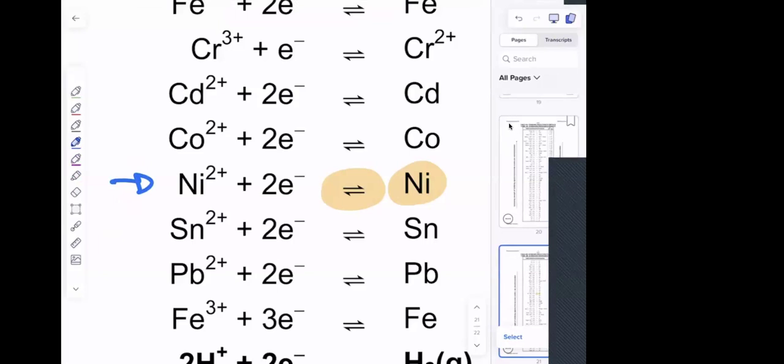Okay, so if we hit equilibrium, in this case, initially when the cell is running, our reverse reaction, which we do in red, is the one that's going to have the highest rate. That's why we see nickel getting oxidized to become nickel ions and 2 electrons. Remember that our forward reaction is still happening, just way less than the rate of the reverse reaction. When we get to equilibrium, the person was asking, are we then going to now see the reduction happening?